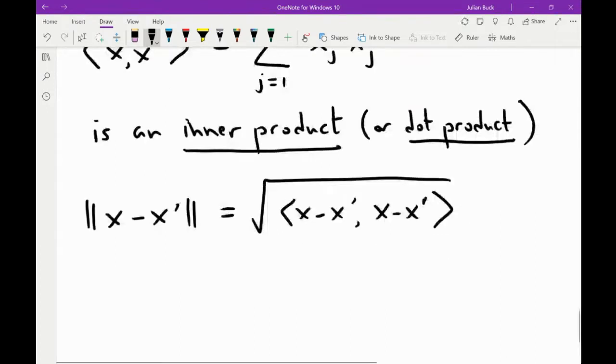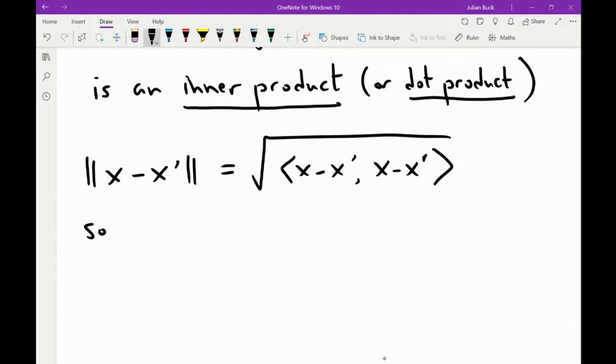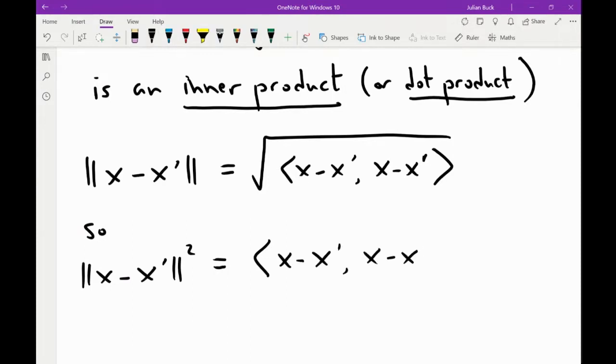Squaring it is simply an inner product: x minus x prime comma x minus x prime. So you're taking the difference of the two points and computing this inner product expression.